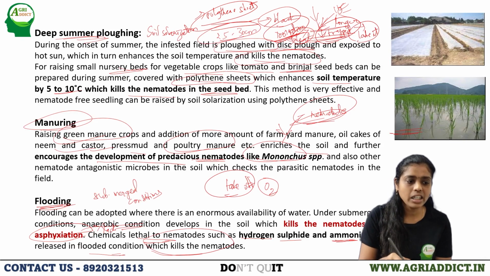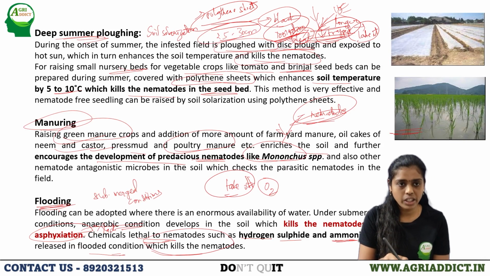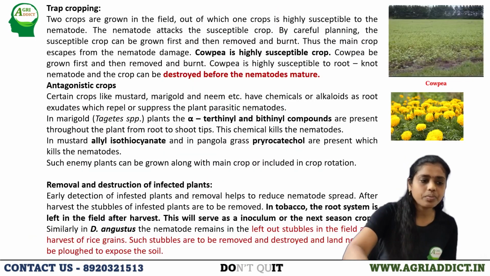So through flooding, under anaerobic condition, asphyxiation is created, and due to lack of oxygen, the nematode is not able to respire easily, and hence the death of the nematodes is possible.